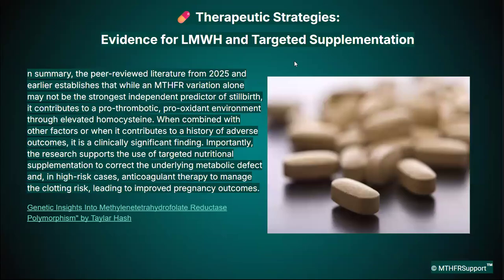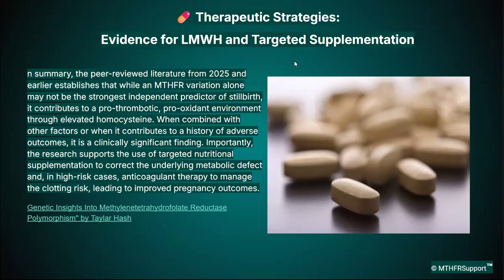In summary, the peer-reviewed literature from 2025 and earlier establishes that while an MTHFR variation alone may not be the strongest independent predictor of stillbirth, it contributes to a prothrombotic, pro-oxidant environment through elevated homocysteine.